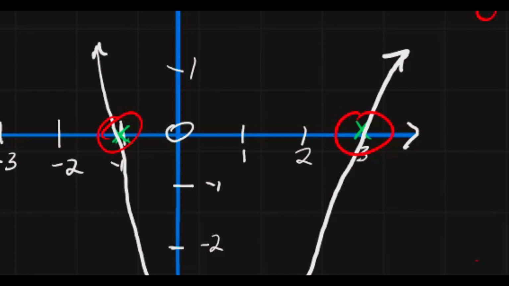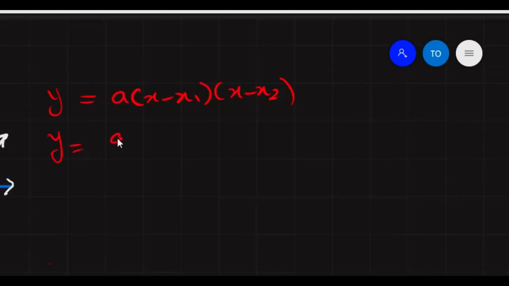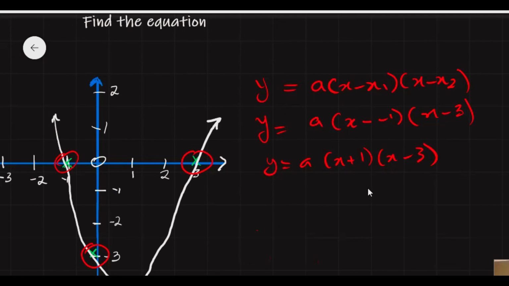So the other form we could use is the x-intercept form, which we said looks like this, where x1 and x2 represent the x-intercepts. So what I'm going to do here is substitute those. So that is our x-intercept form.